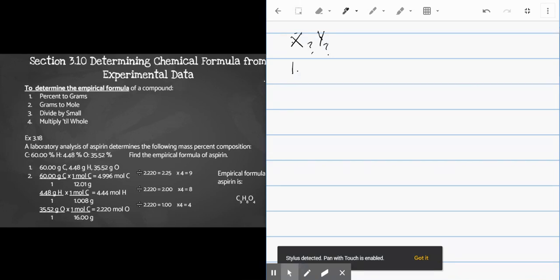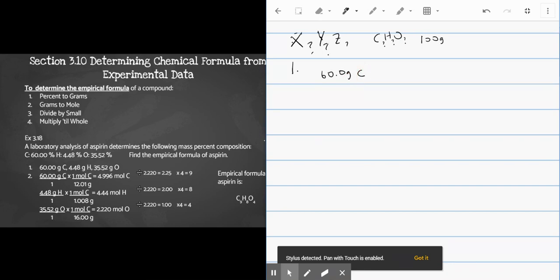So what we're going to do is assume that we're starting with 3 different elements, so let's call them X, Y, Z. Really it's C, H, O, and we're trying to figure out the little subscripts. How many of each element do I have? If we assume that we have 100 grams of this aspirin, and 60% of that is carbon, that leaves me with 60 grams of carbon.